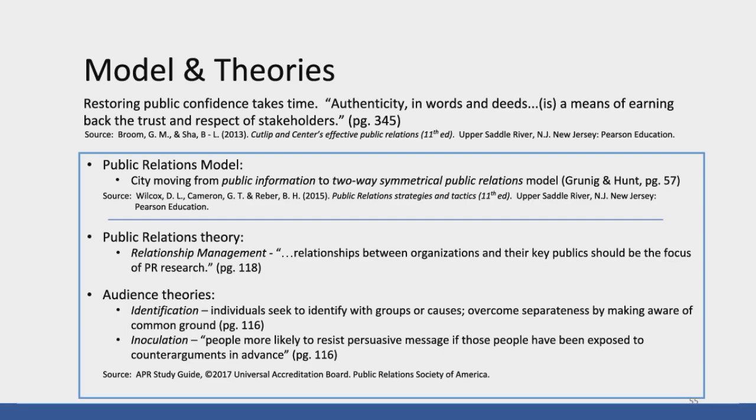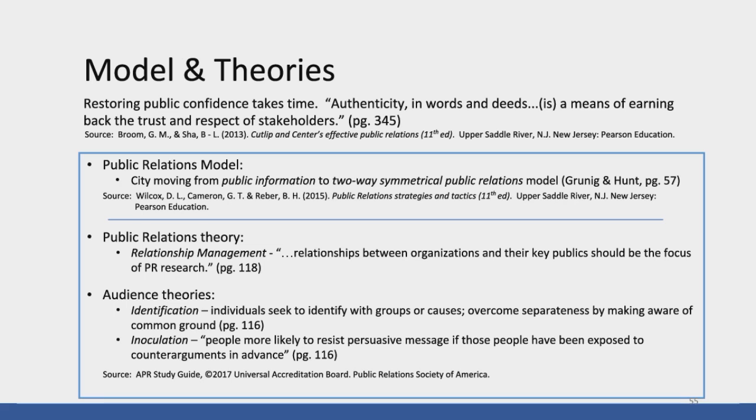I did talk a little bit about models and theories. Restoring public confidence takes time, and I think it's not something that we can just assume will happen. We have to demonstrate it in circumstances where we have the opportunity to work with the community and regain trust.